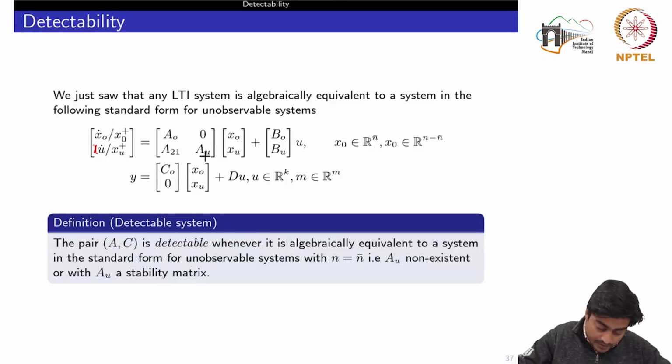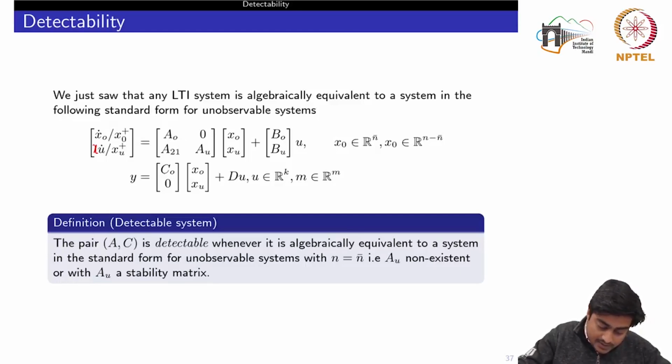So the pair A comma C is detectable whenever it is algebraically equivalent to a system in the standard form for unobservable systems with n is equal to n bar, that is AU is non-existent. Okay, or with AU a stability matrix. Right, what does it mean? See here, we have AO and CO.